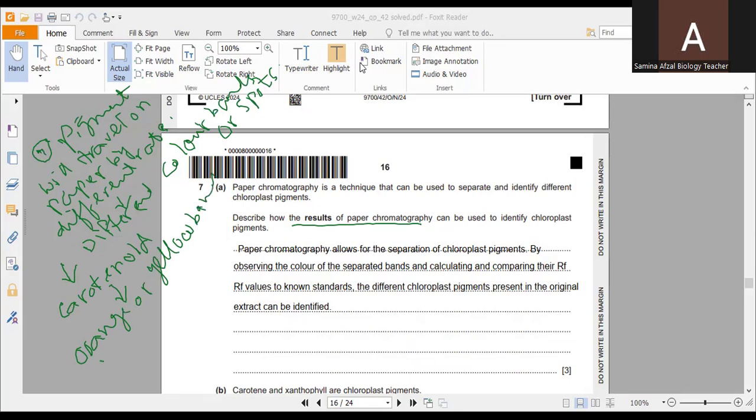Second, xanthophyll will appear as yellow or brownish yellow.